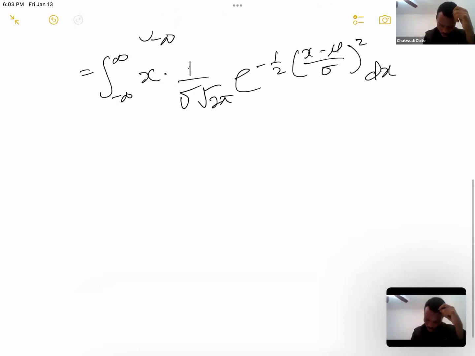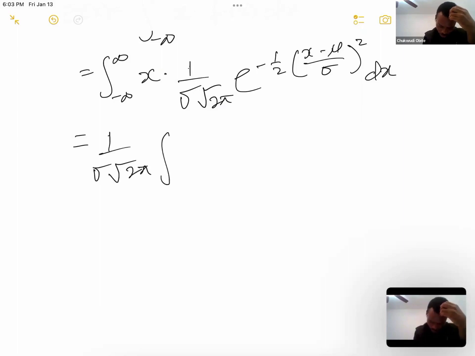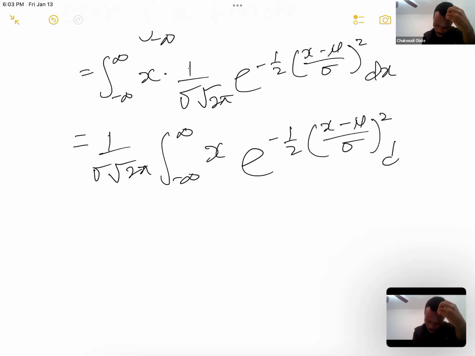So this will give us 1 all over sigma square root of 2 pi, as I'm taking the constant outside to simplify my integration. So I have integral of x times e raised to power minus half, x minus mu all over sigma, squared, dx.